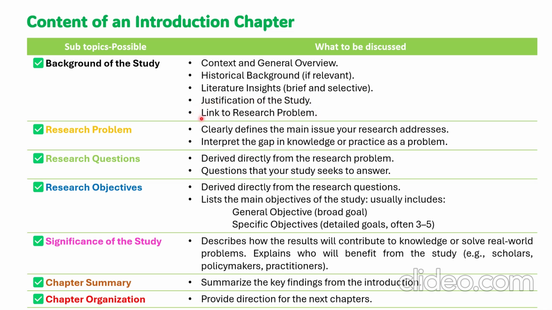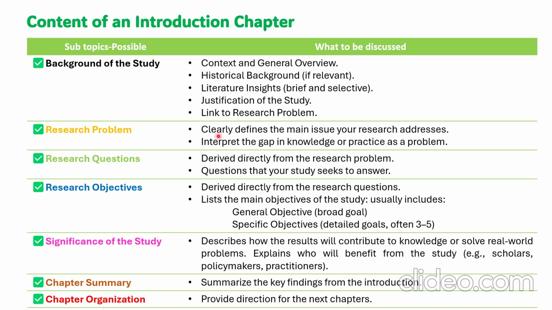The reader should understand, once he or she is reading your background of the study, that this researcher is going to talk about this research problem. That hint should be given by the background of the study. Then you need to clearly specify your research problem.